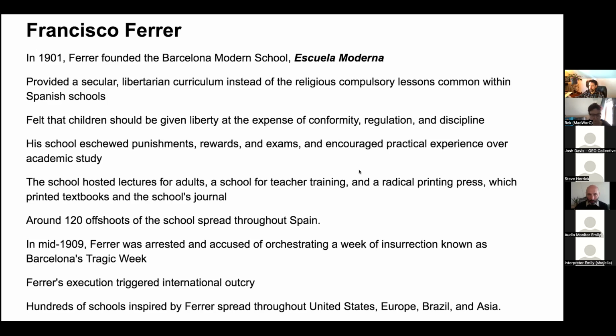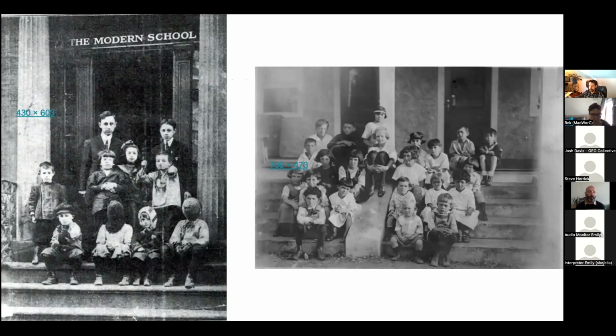And here is the Ferrer Modern School. On the left, oh, I didn't delete those numbers. On the left is one of their first locations in New York City. On the right is their commune in New Jersey, which was outside of New Brunswick, New Jersey. It was an anarchist commune and free school.